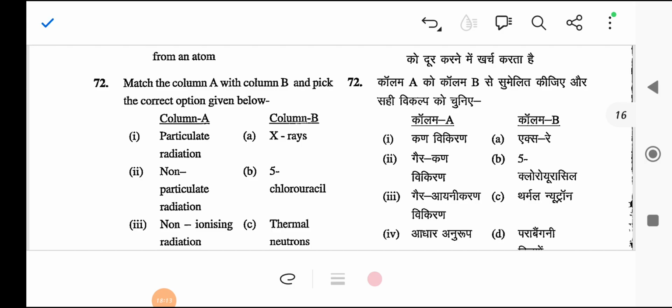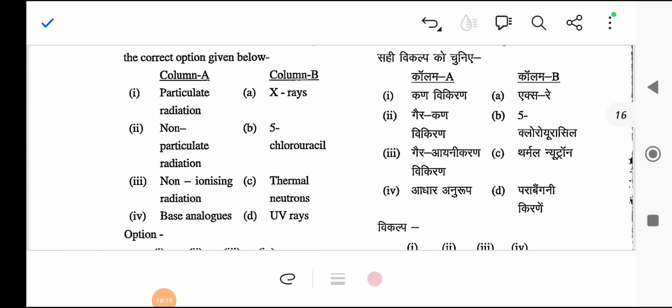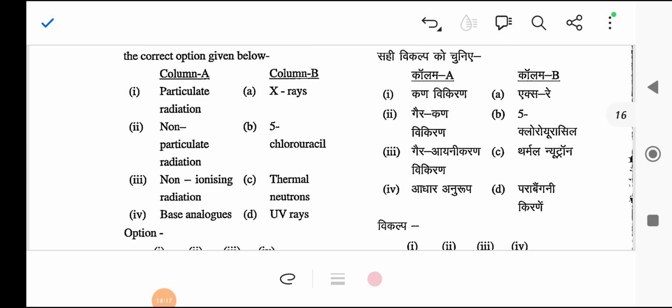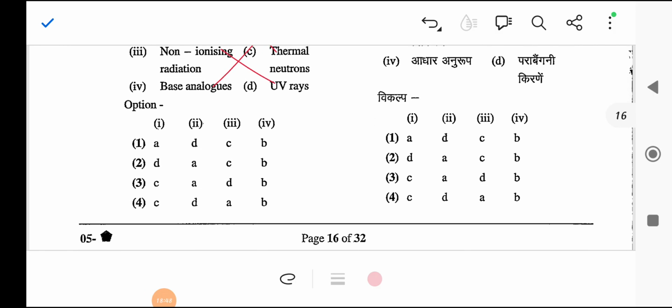Non-ionizing radiation is UV rays, and base analog is 5-bromouracil. So particulate radiation is by thermal neutrons, non-particulate is by X-ray, non-ionizing is UV, base analog is 5-bromouracil and so on. So the answer here is C.